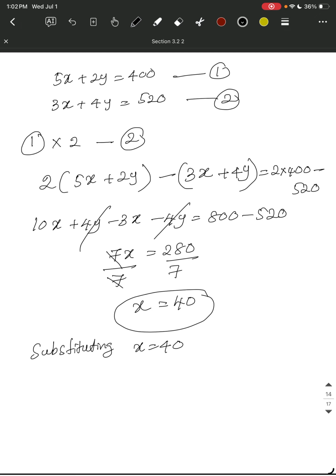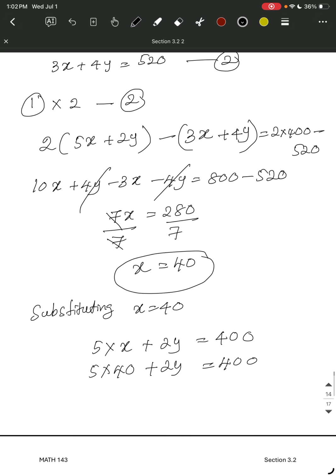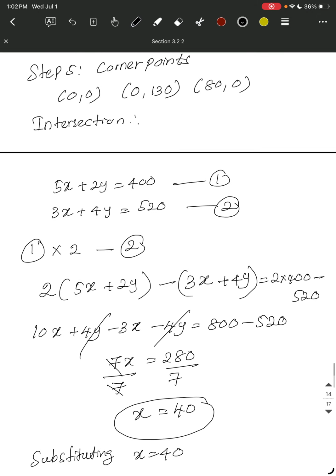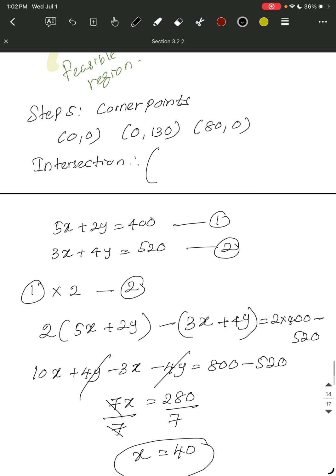Let's use 5x plus 2y equals 400. 5 times 40 plus 2y equals 400, 200 plus 2y equals 400, 2y equals 200, y equals 100.